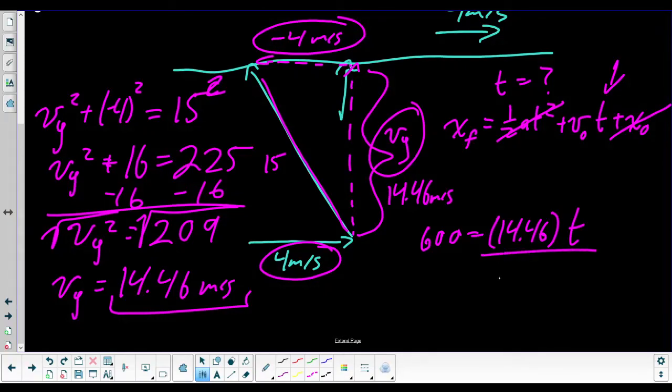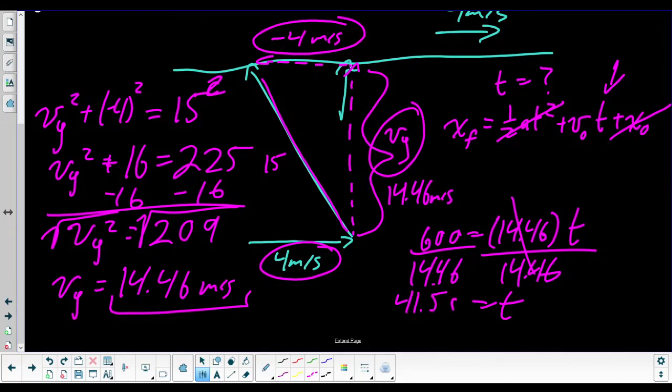We just divide by our component of velocity that's crossing the river, 14.46. And we get that our time is going to be about 41.5 seconds. So a little less than a minute to cross the river.